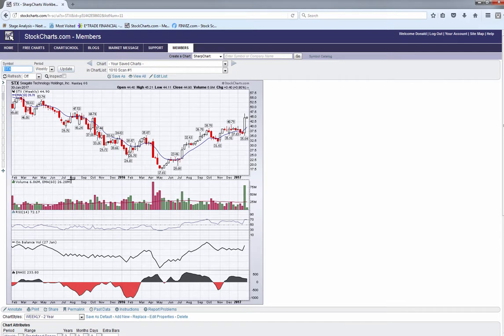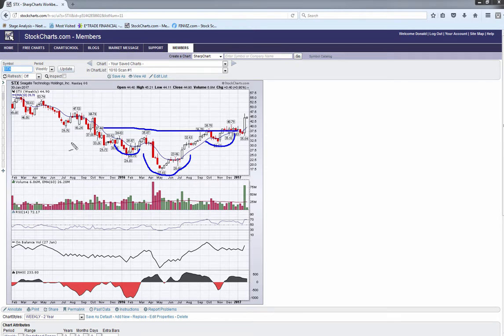I'm not sure if you can see it, but you have an inverse head and shoulders pattern here. There's your head, and there's a shoulder, and there's a shoulder. If I draw a neckline here, we've broken out of the neckline with this candle.